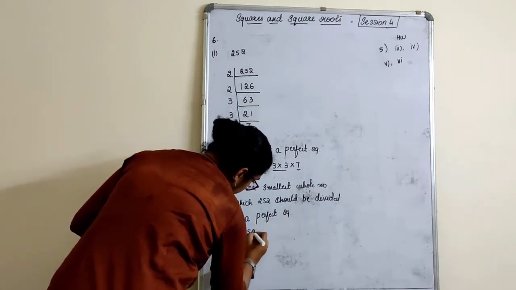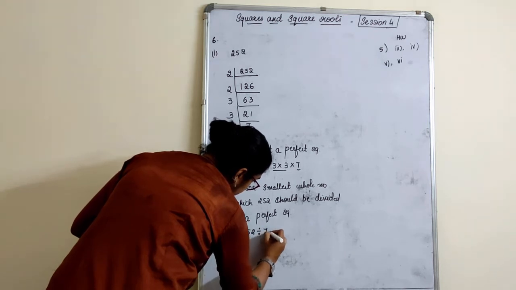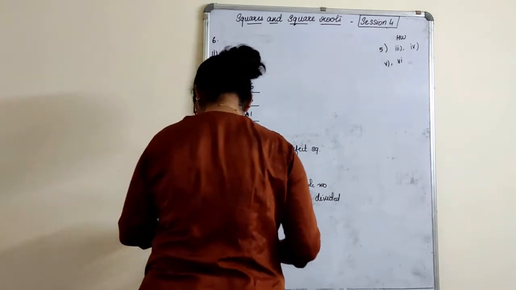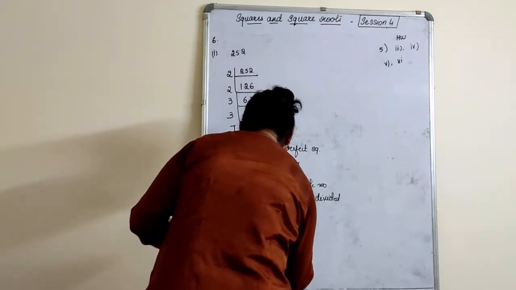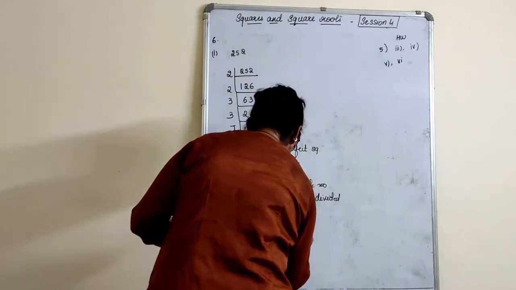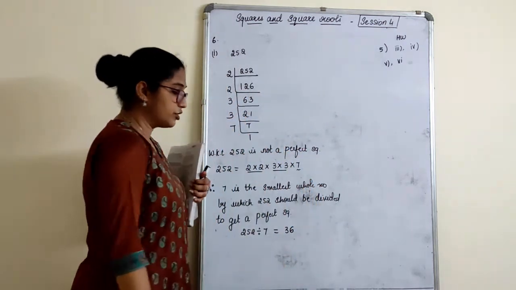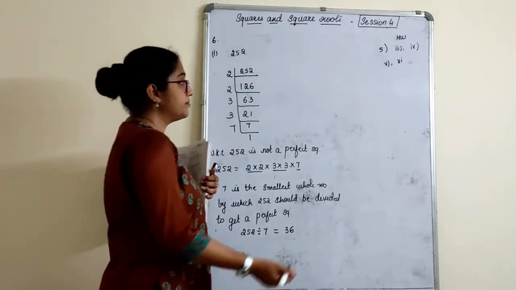So 252 divided by 7, what do we get? 7 3s are 21, 4 remainder, 7 6s are 42. We got 36 as the number.